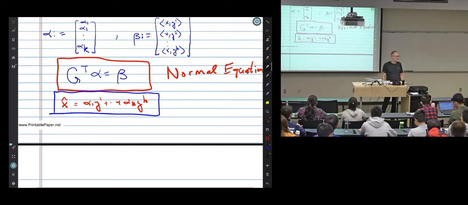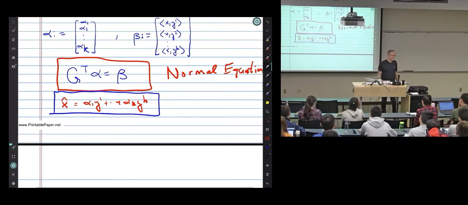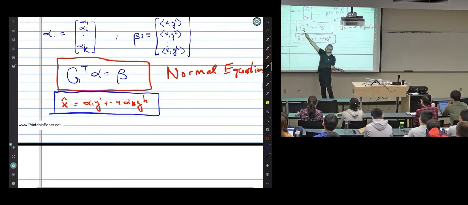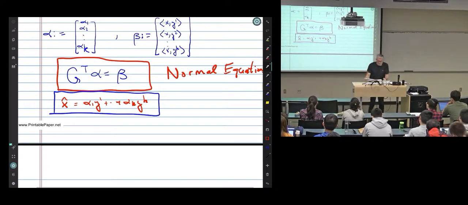Yep, but we also know that a solution exists. That's part of the projection theorem, okay? And it's unique, right? So, if I have a set of matrix equations, and there is a solution and it is unique, what do we know about this matrix? It's automatically invertible by the projection theorem, okay?